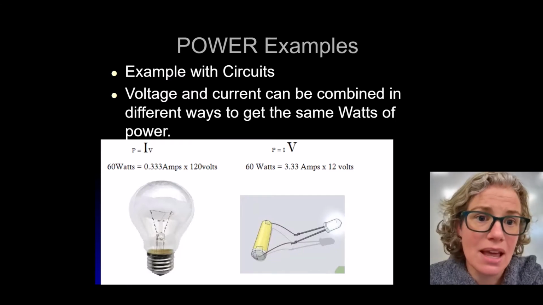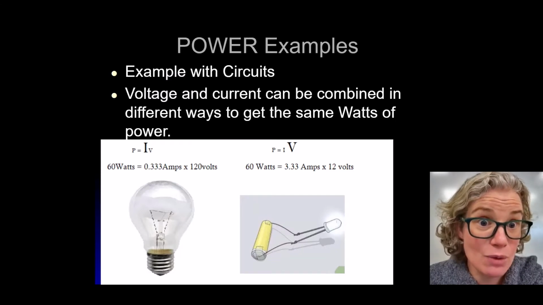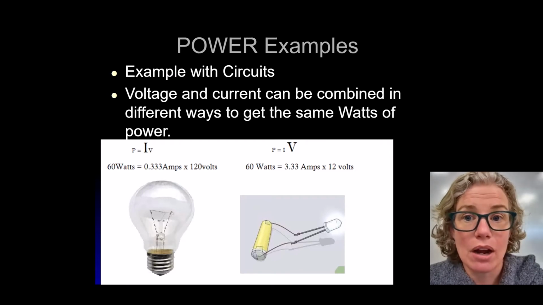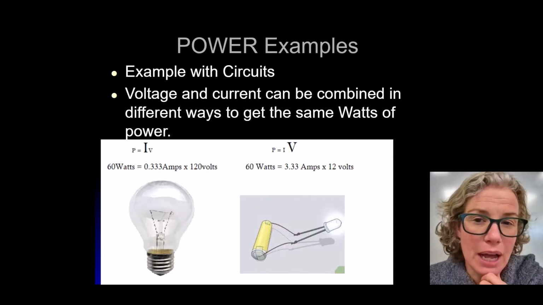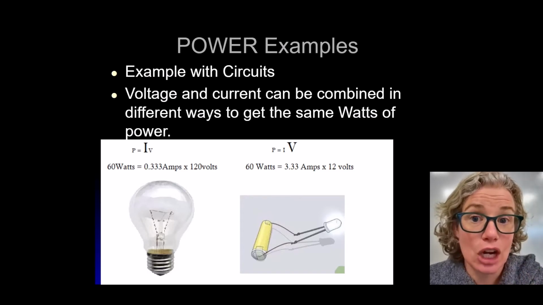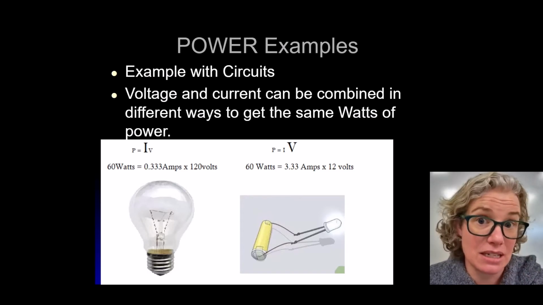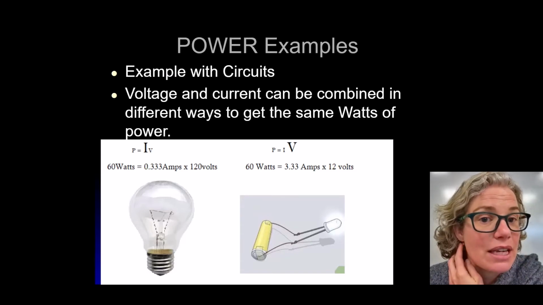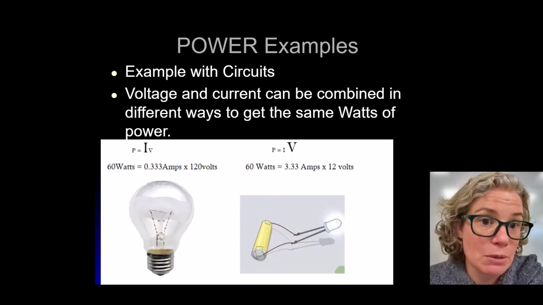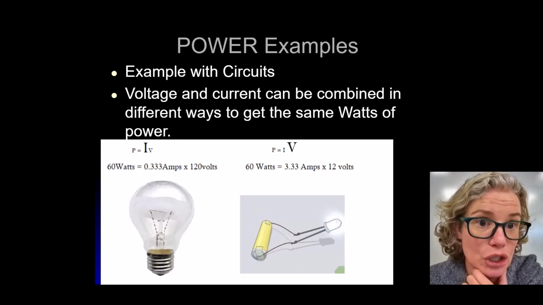It's 120 volts, which is more like the voltage in your house. In the other one, we've got a 12-volt battery, which is more like a car battery. But you can see the current is different, and that's what allows the power to be the same: we change the current.